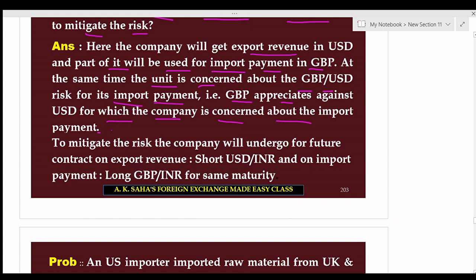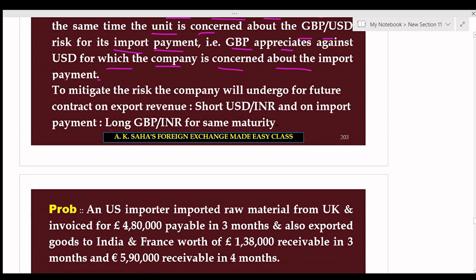To mitigate the risks, the company will undertake a future contract on export revenue, that is short USD INR, and on import payment long GBP INR for the same maturity date.